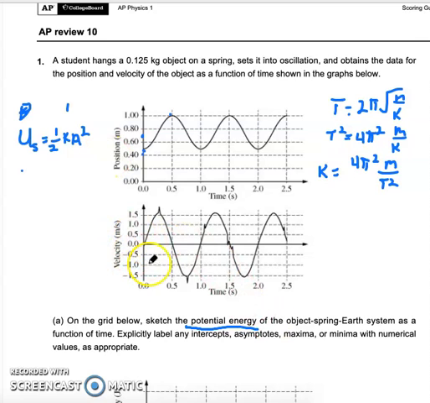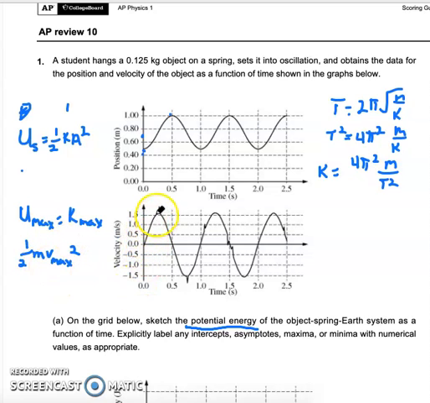I think the easier route is to look at the velocity-time graph and understand the maximum potential. So we're going to look at maximum potential and then plot from there. U max is going to be equal to K max, and they're just going to go back and forth between each other. So the easiest way to find K max is 1/2 m v max squared.